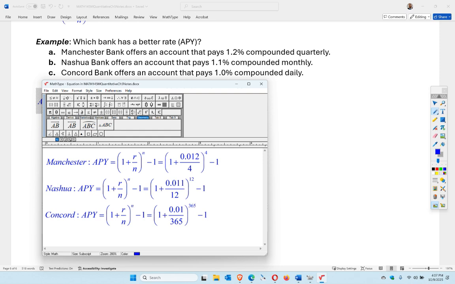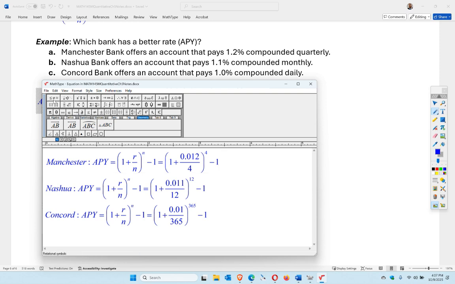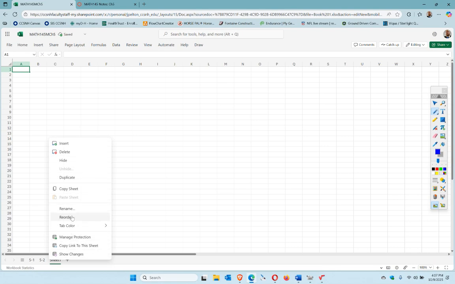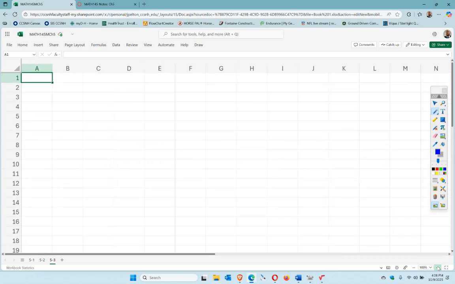So this will give us the actual annual percentages that we are going to pay, which never work out perfectly. We're going to put an approximate sign in each one of these. Then we'll use our spreadsheet for this. So we're going to go to our spreadsheet. I'm going to add another tab and name it 5-3, and we'll blow this up.